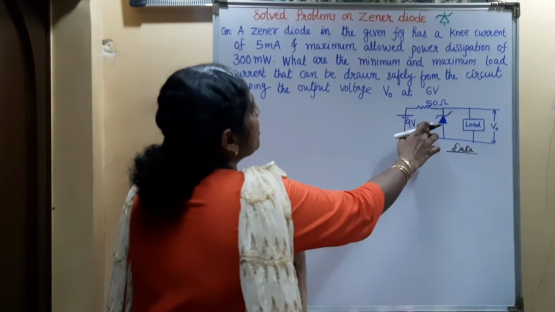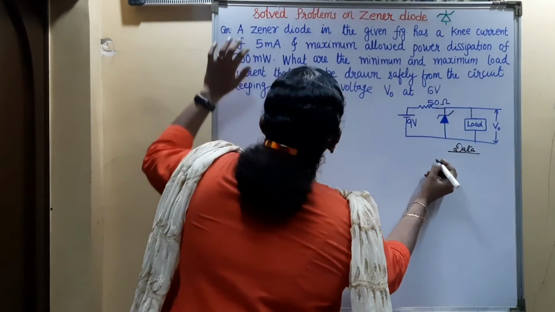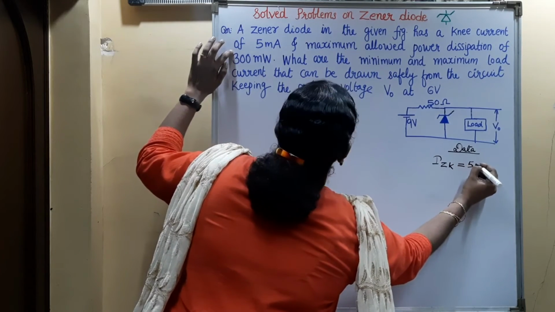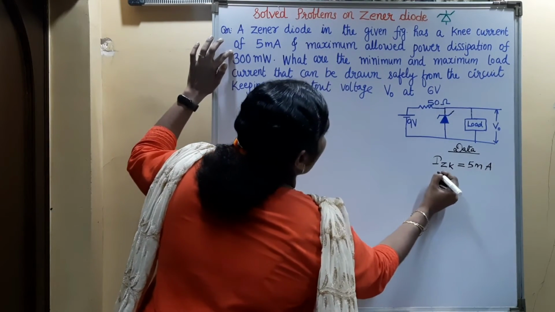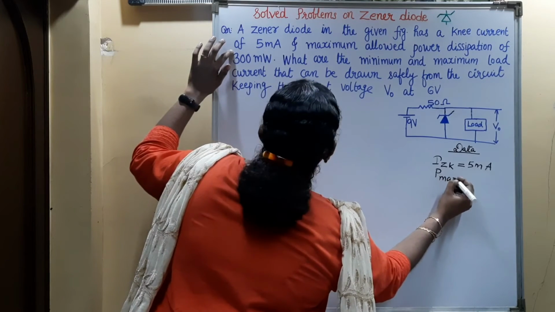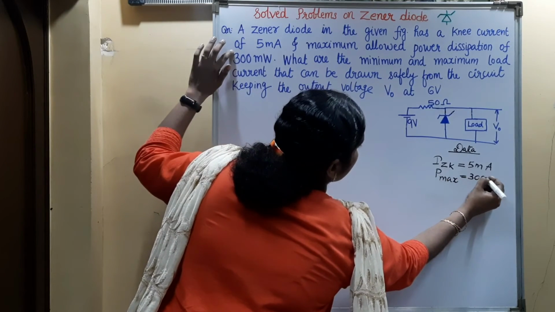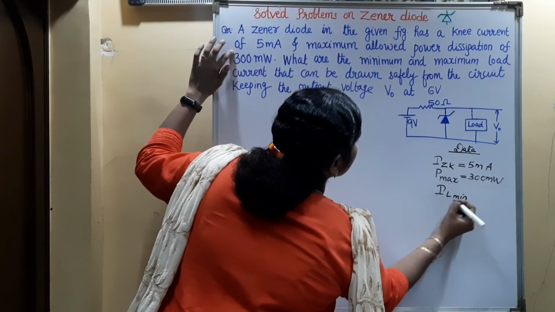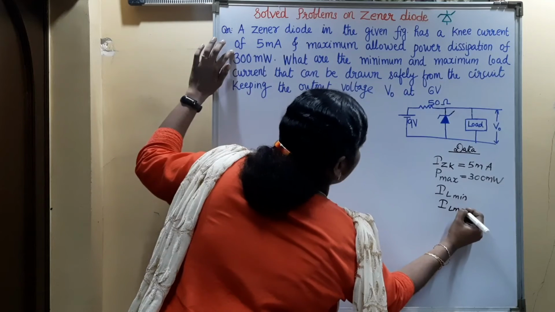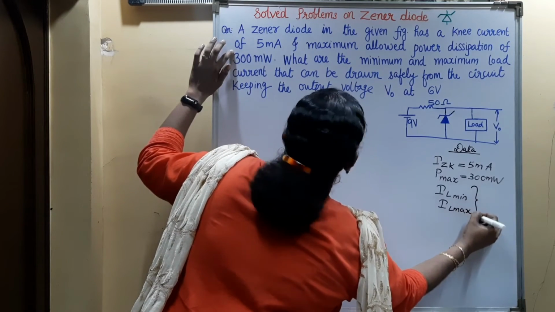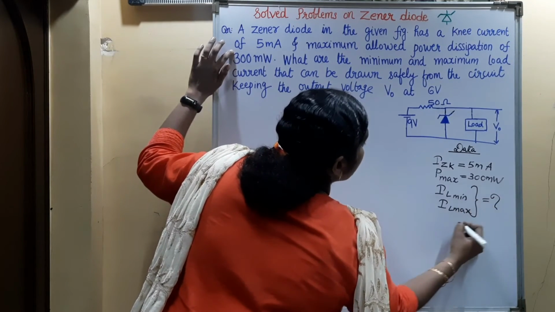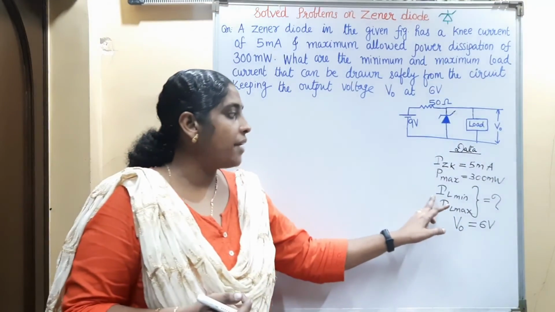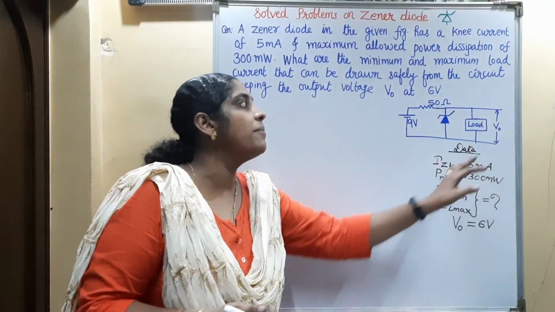Here the Zener diode has a knee current IZK equal to 5 milliampere, and a maximum allowed power dissipation of 300 milliwatt. So in this circuit we have to find the minimum and maximum load current.